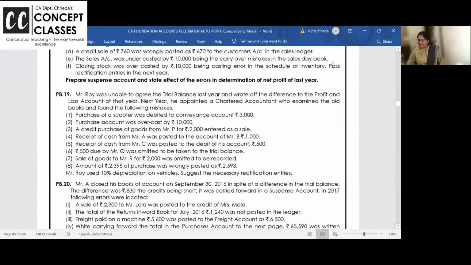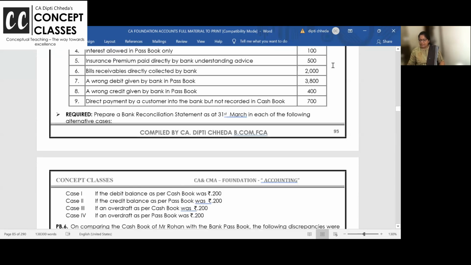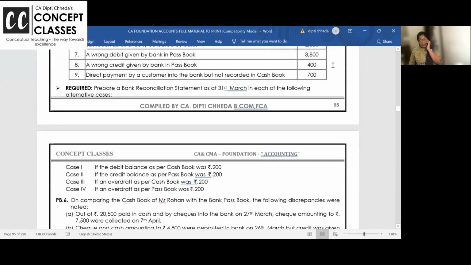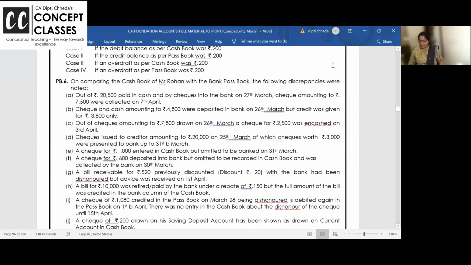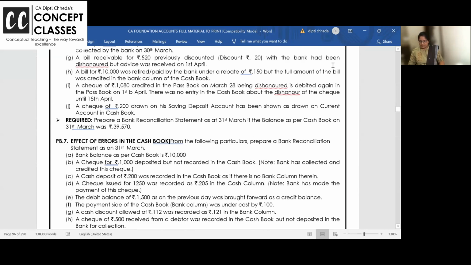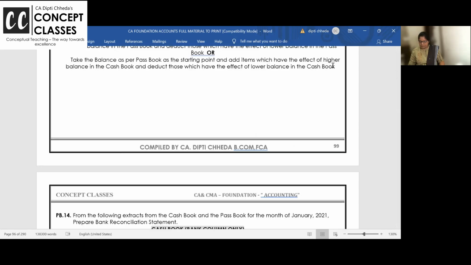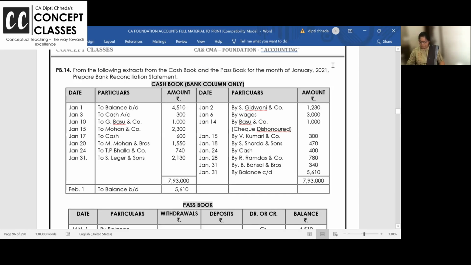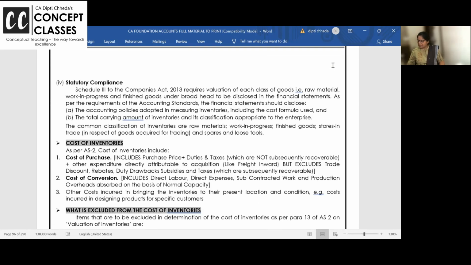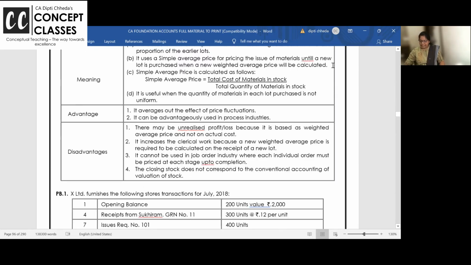Are you able to do the study material problems with the straight line method, where the amount of depreciation is the same, and the WDV method, where the rate is the same?